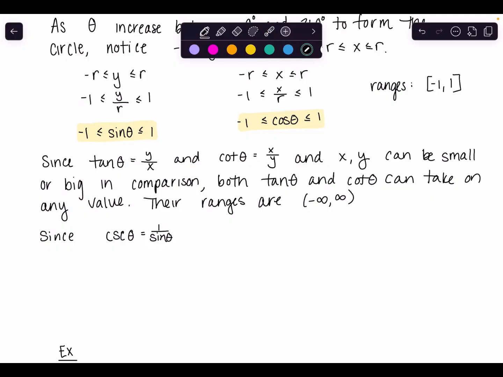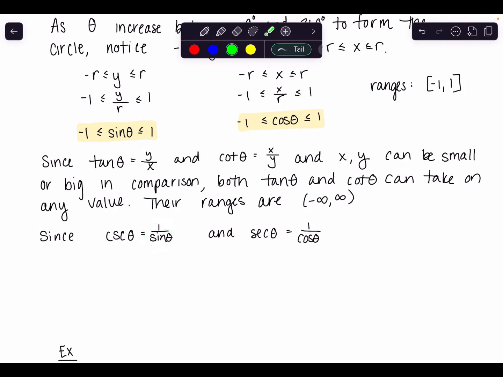So since cosecant is 1 over sine, and secant is 1 over cosine, the smallest you're ever going to get is 1. So if sine is 1, then cosecant is 1. If cosine is 1, secant is 1. Okay? But if cosine is 0.5, 1 over 0.5 gives you 2. You'll get something bigger. If cosine is super close to 0, 1 divided by a very small number is huge.